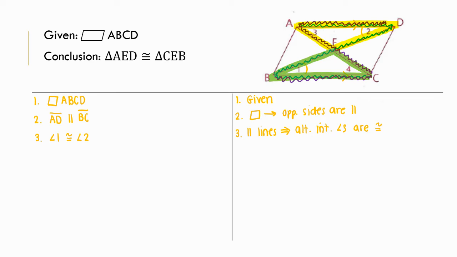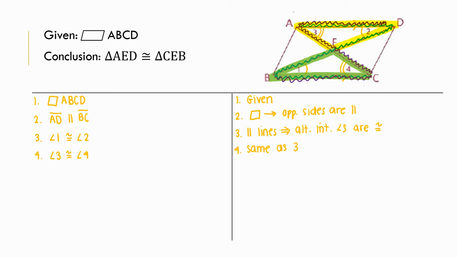Notice that angle 3 and angle 4 create that backward Z. So we can say that angle 3 is congruent to angle 4, and it's the same reason as 3. When you have parallel lines, alternate interior angles are congruent. So I'm going to mark them differently, but these 2 angles are congruent.